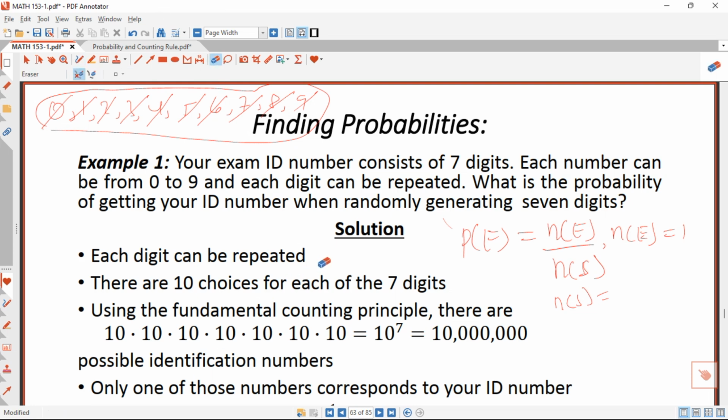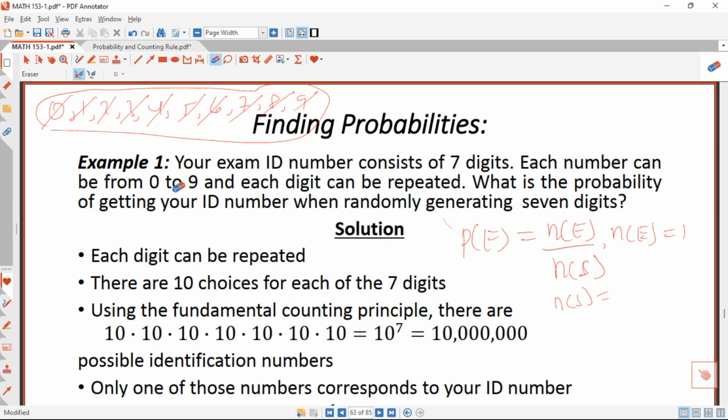So we have 10 choices, right? These 10 choices here, we are going to use the fundamental counting principle to calculate our number of sample space. Since we have 10 choices for each of the 7 digits, we are just going to repeat 10 seven times because he said each digit can be repeated, right?